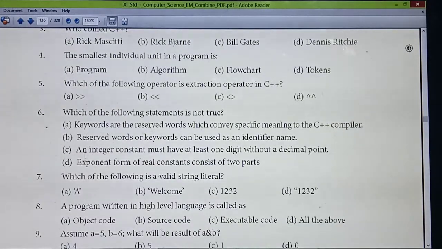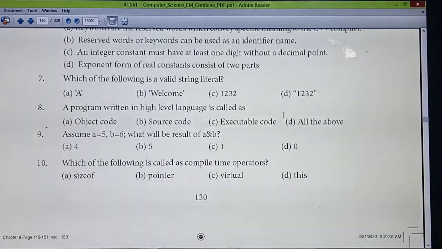Then sixth question answer is option B, reserved words or keywords can be used as an identifier name. Then seventh question answer is option D, inside the double quotes 1232.